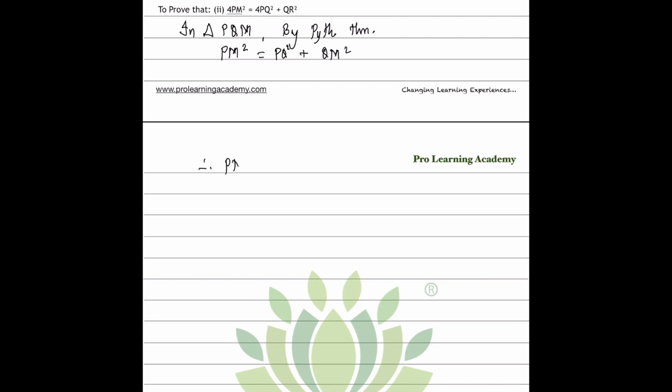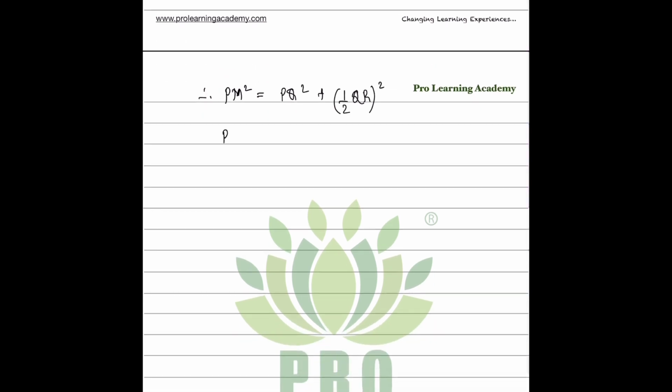therefore PM square is PQ square plus half QR the whole square. So this becomes PM square is PQ square plus QR square over 4. So we want to get rid of this 4. The best way of getting rid of this 4 in the denominator is multiplying each term with 4, and we have a multiplication with 4 here as well.